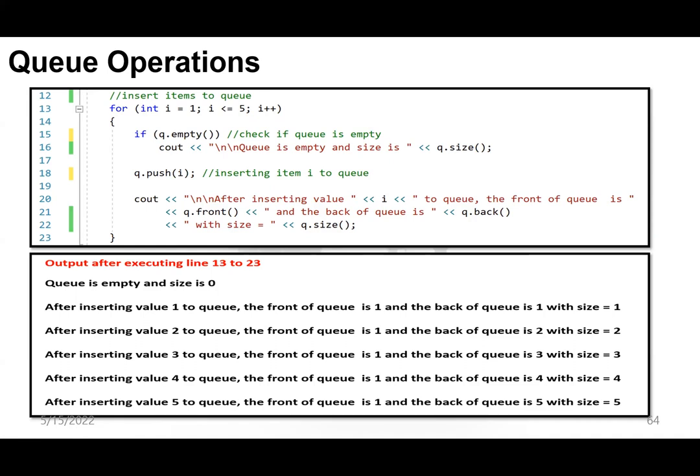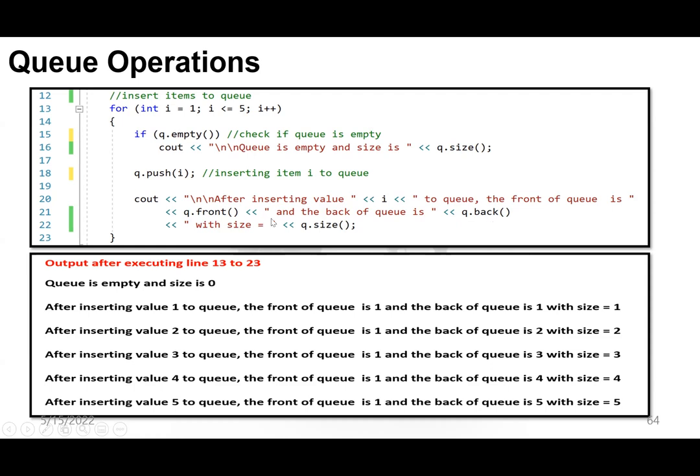For a queue, when you insert, you insert at the back of the queue, and when you remove, you remove the first node, the beginning of the queue. So you have to keep track of both ends of the queue. That's why you have the front function and the back function. If you call the front function, it returns the first node in your queue, the beginning of the queue. If you call the back function, it returns the last node in your queue, the back of your queue.